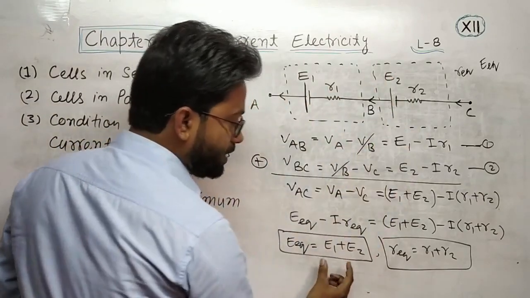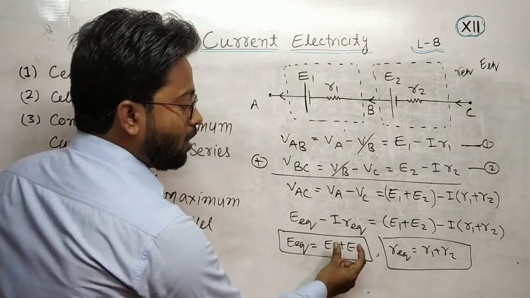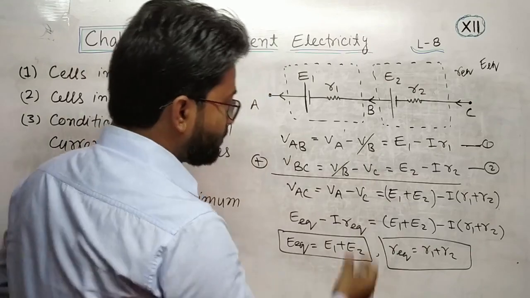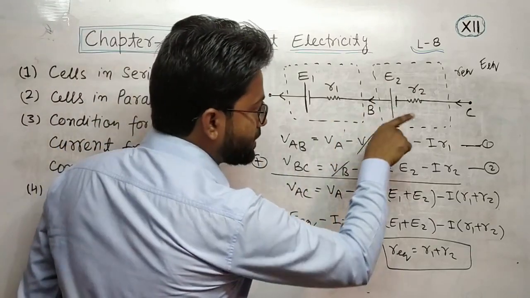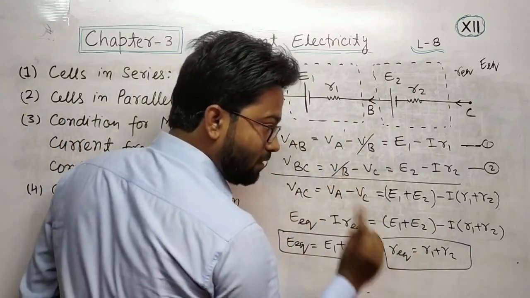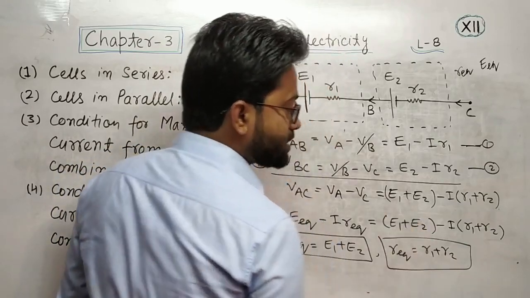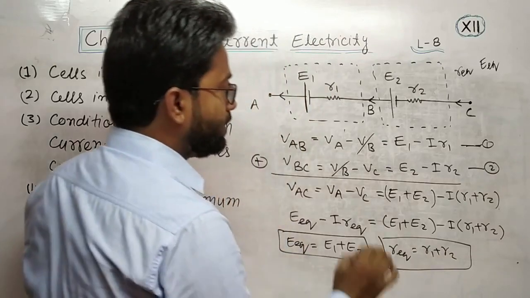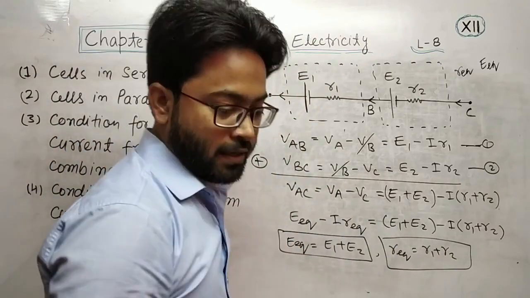Same, if the cells are in series, then the equivalent internal resistance will be equal to the sum of the individual internal resistances.